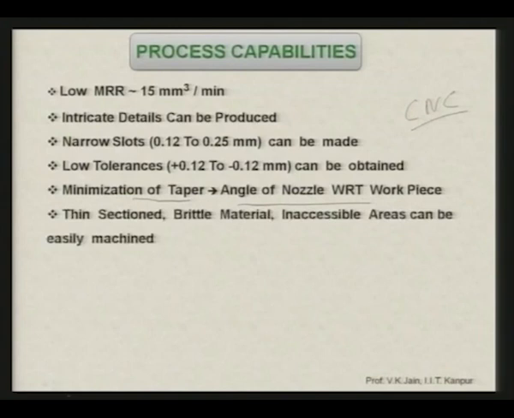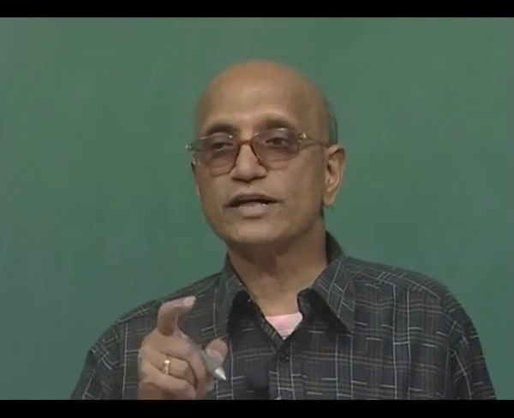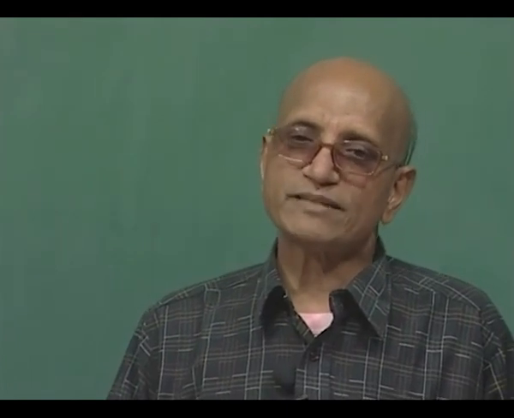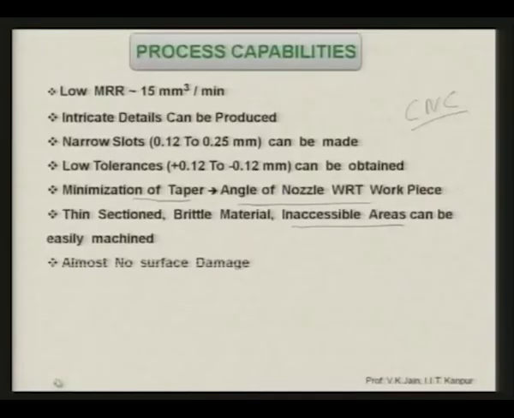Thin sections can be machined; it is very good for brittle materials. Also the inaccessible areas can be machined, those areas which cannot be machined by conventional methods because the tool cannot approach there. If the jet can go inside that particular location, it can drill the hole, it can machine the cavity over there, through cavity especially.